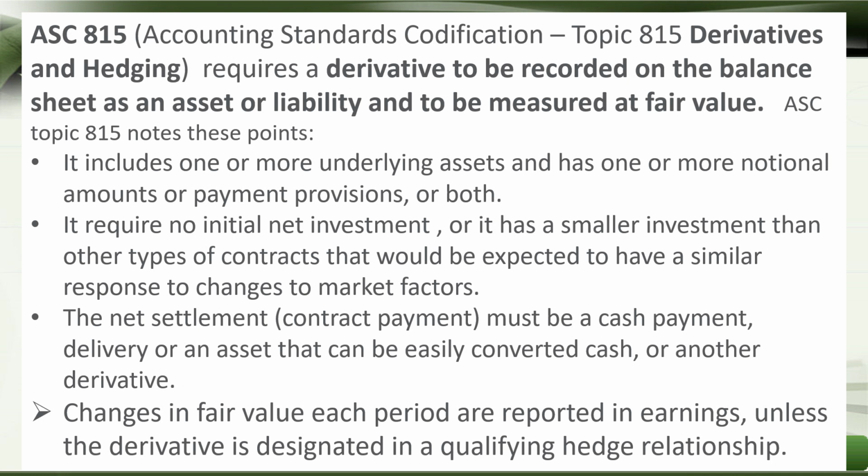The net settlement, that means the contract payment, must be a cash payment, or a delivery of an asset that can be easily converted to cash, or another derivative. Changes in fair value each period are reported in earnings unless the derivative is designated in a qualifying hedge relationship. If there is a hedge relationship, there will be a compensating financial instrument with an underlying, and that will be managed accordingly.